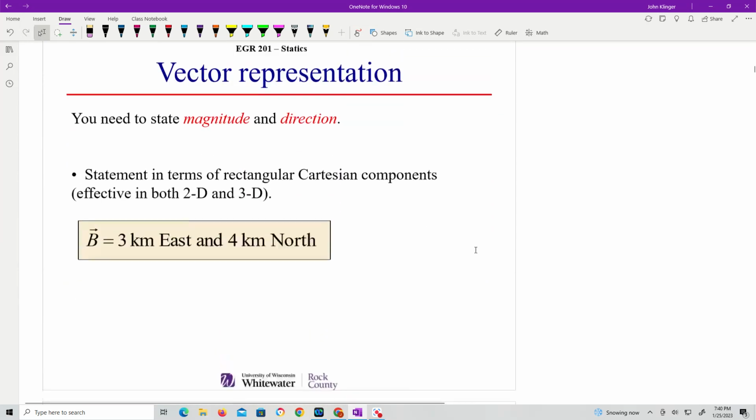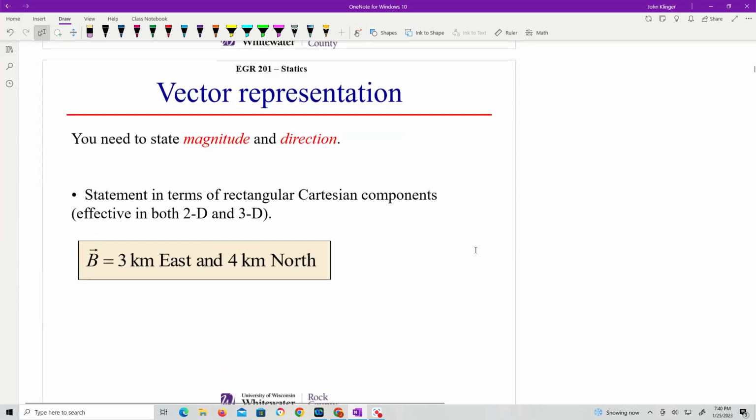The other is we can do it in more of a Cartesian coordinate system. Here we're just saying B is 3 kilometers east, and then 4 kilometers north. So this is our vector B. Let's write this again. B, 3 kilometers this way, and 4 kilometers this way.